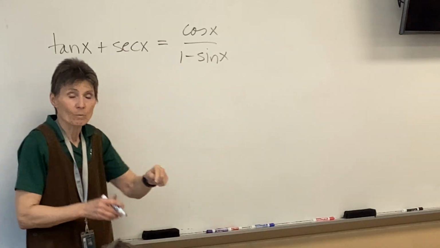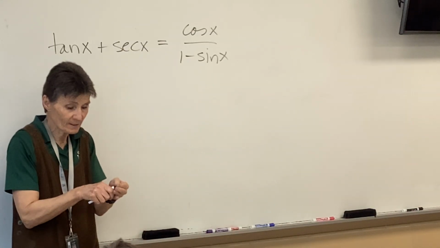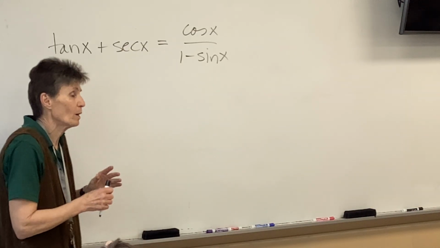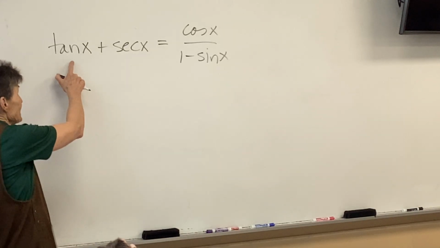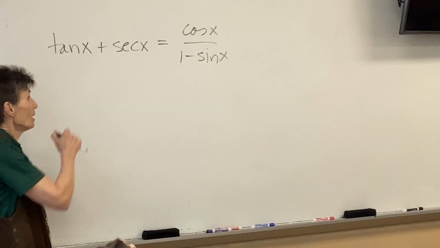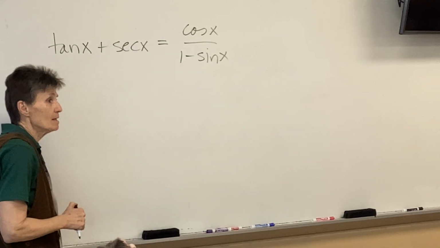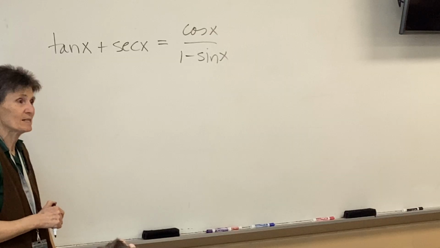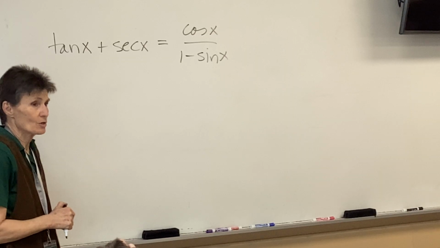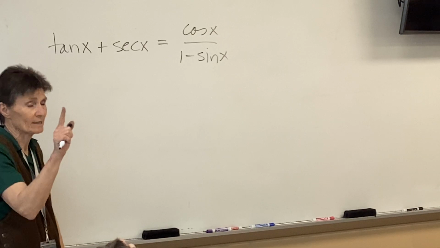Okay? So we have our little reference sheet in front of us. We can write whatever we want on that. So we're looking at it and we see a tangent plus a secant. Now what do we know about tangent? Now be careful, these are not squared. So you're not using any of the squared.